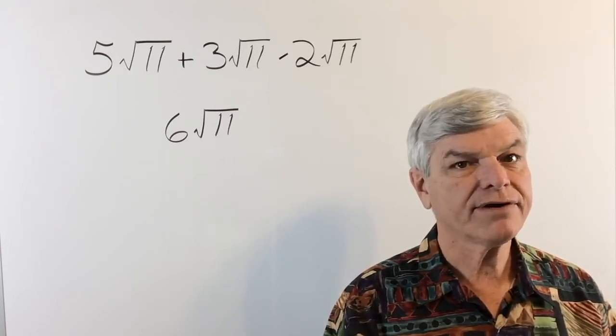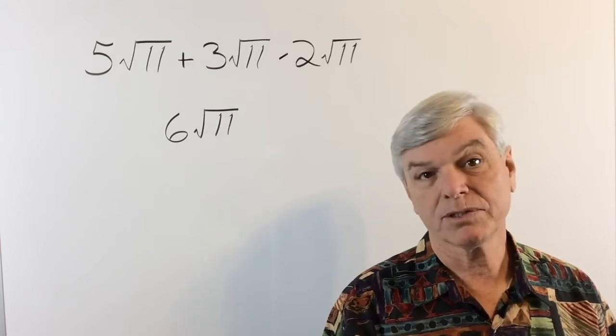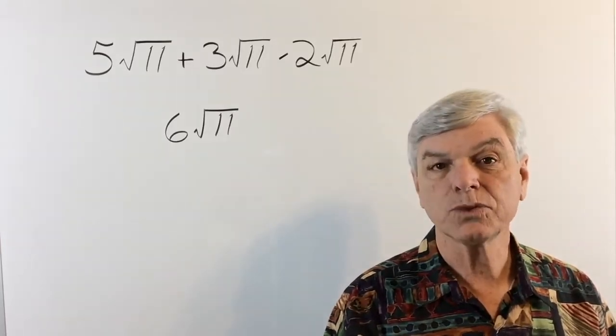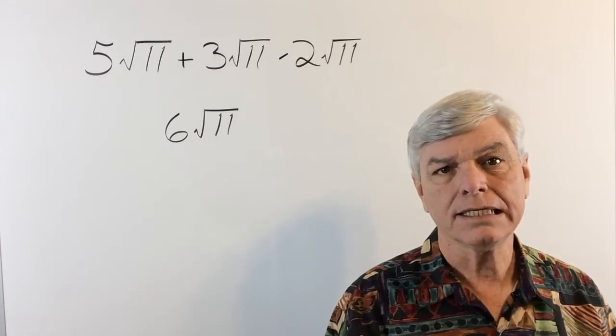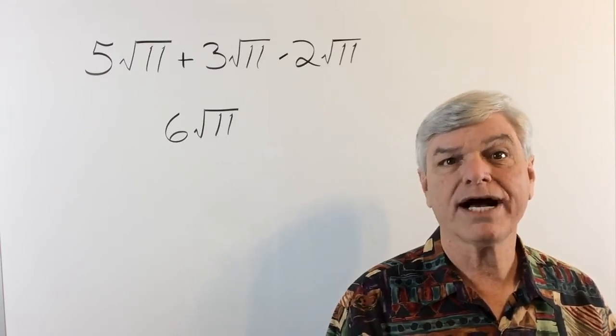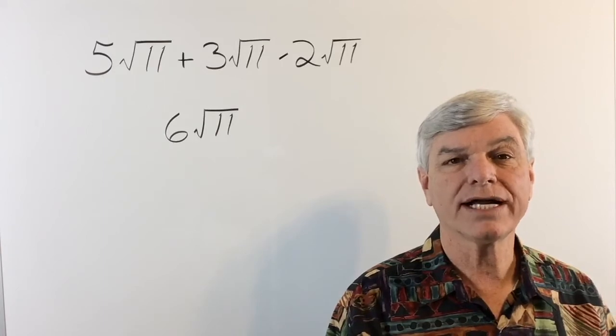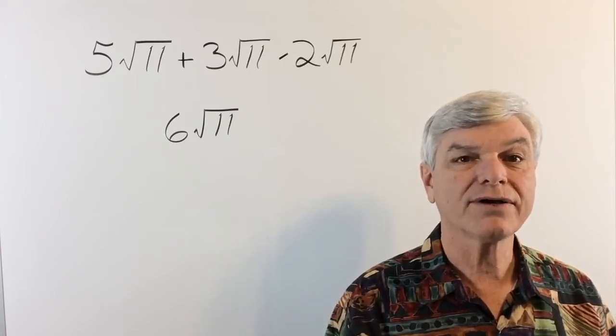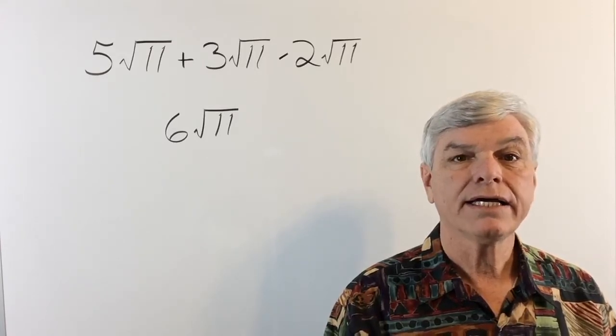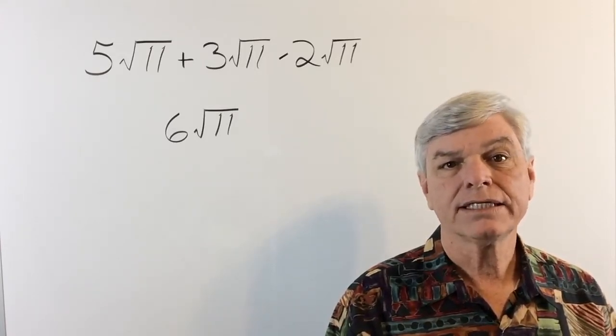You treat them like variables. They're not variables because we know what the value is. Root 11 is an actual value. X is not an actual value unless we're solving for it and we find out what x does equal. But we use x because we don't know what the value of a term or factor is.